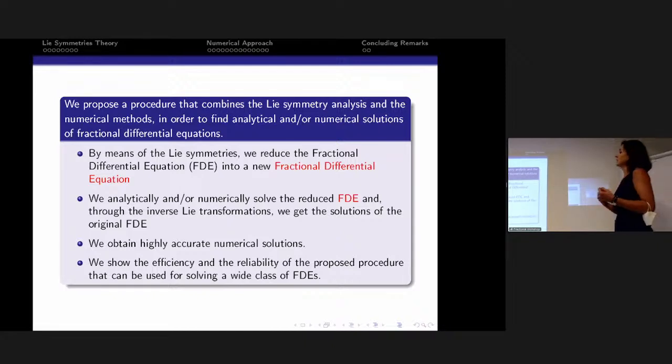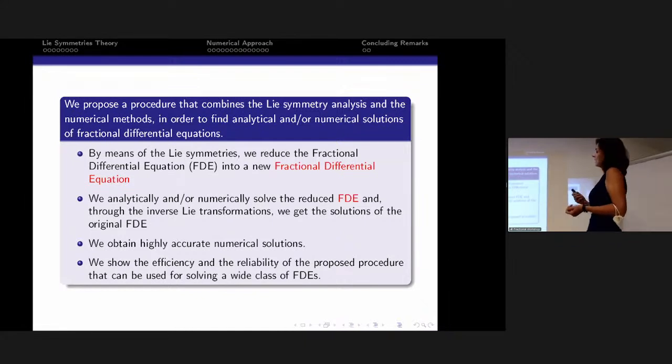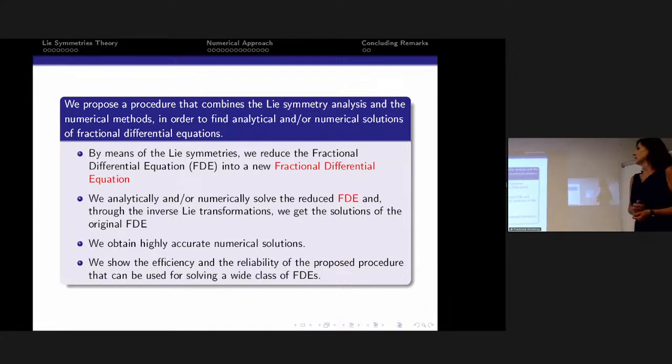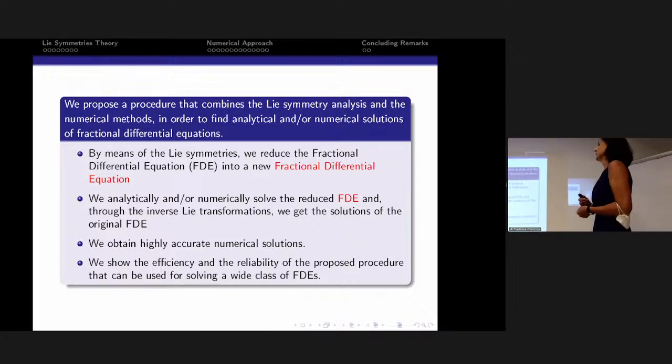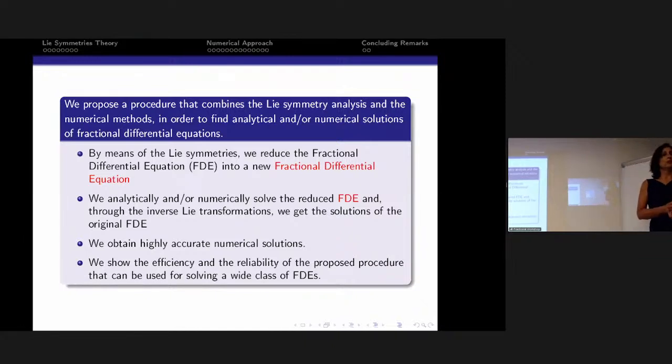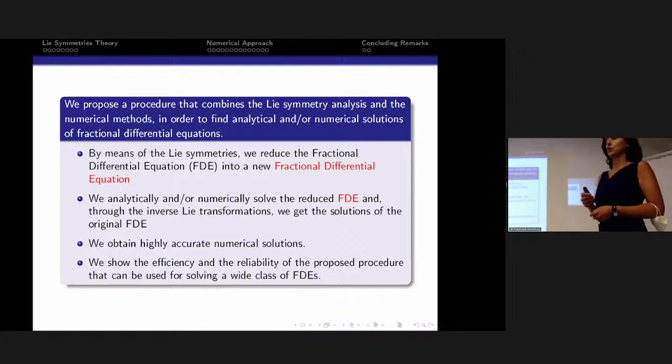It depends on the kind of the fractional differential equation that we obtain by applying the symmetry, partial or ordinary one. Then, by applying our procedure for solving the fractional differential equation, we obtain a highly accurate numerical solution, and this shows us the efficiency and the reliability of the proposed procedure that can be used for solving a wide class of fractional differential equations.